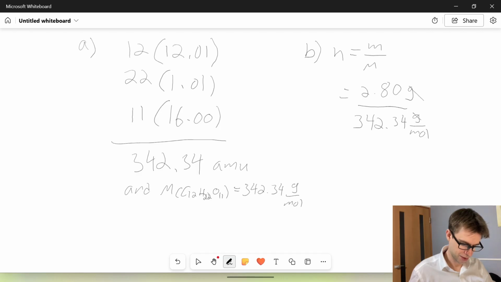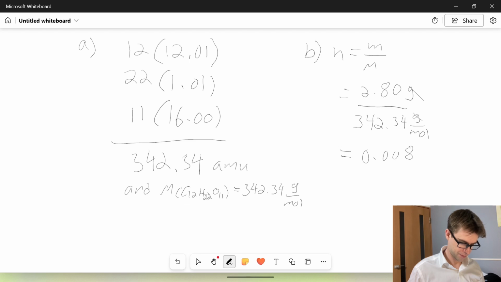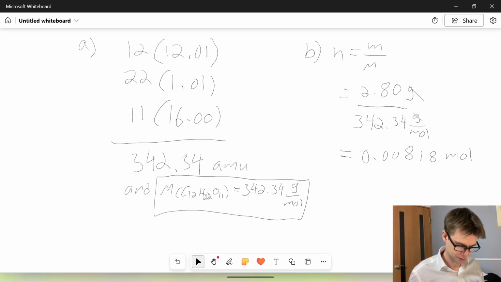So our grams units will cancel out, and we will get, just let me put that in my calculator quickly to double check, 0.00818 moles, or 8.18 millimoles. I think that would also be okay. So just highlight my answers here.